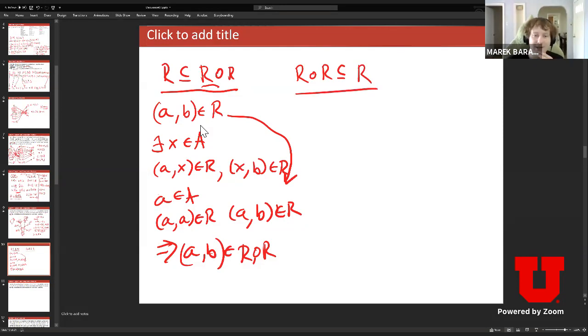And then for the other way, we say that AB is in the R of R relation.